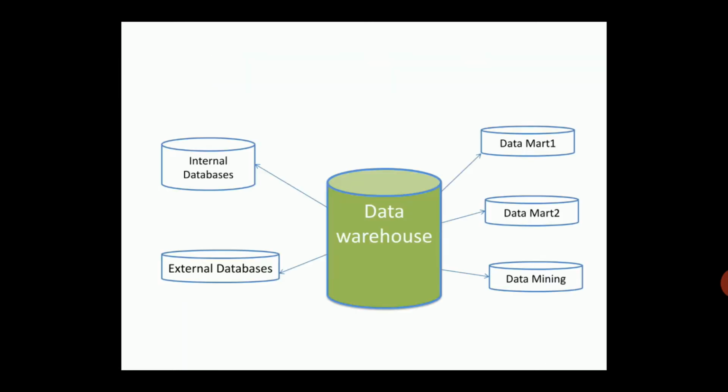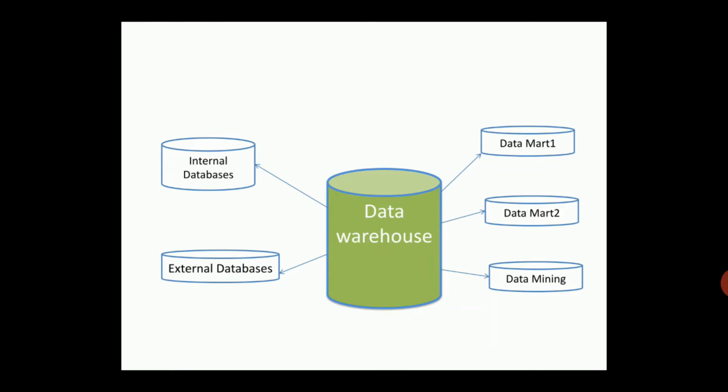Similarly, the data warehouse data can be transformed through ETL operations to different data marts. For example, we have the inventory data mart or the sales data mart. So in this case, what is a data mart? Data mart is a subset of the data warehouse. It stores a part of the data warehouse data.